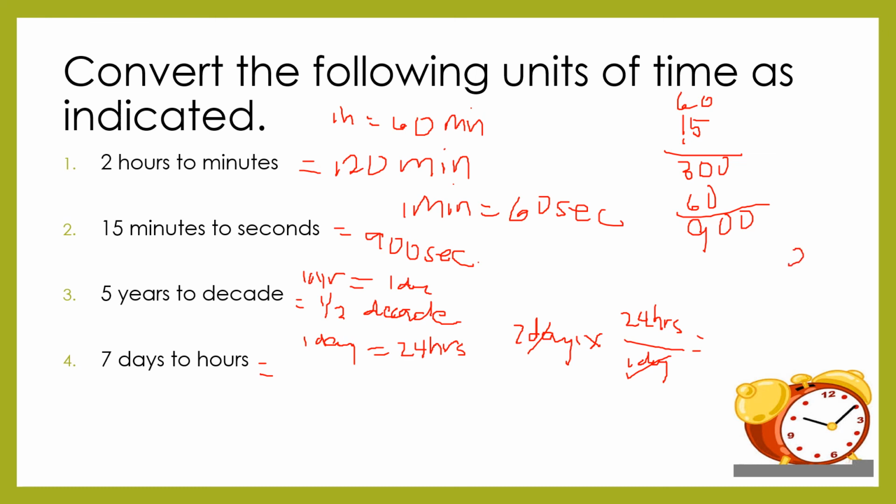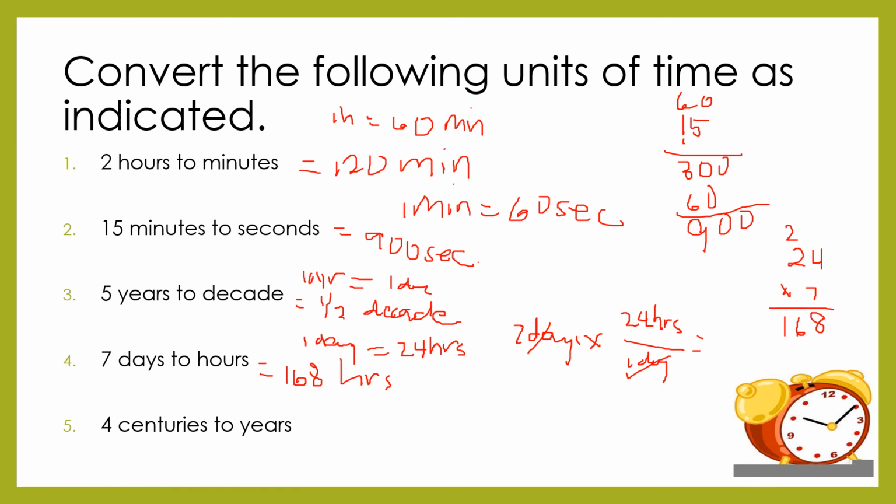So 24 times 7. 7 times 4 equals 28. 7 times 2 is 14, plus 2 is 16. So that means 7 days is equal to 168 hours. Alright.